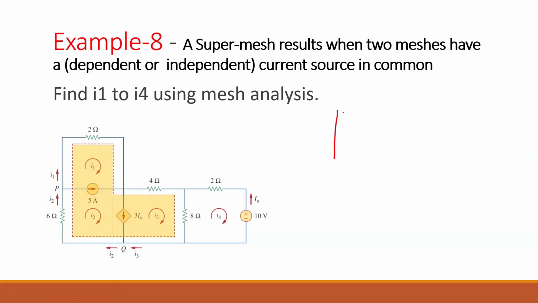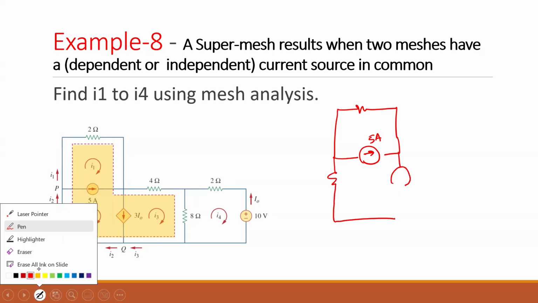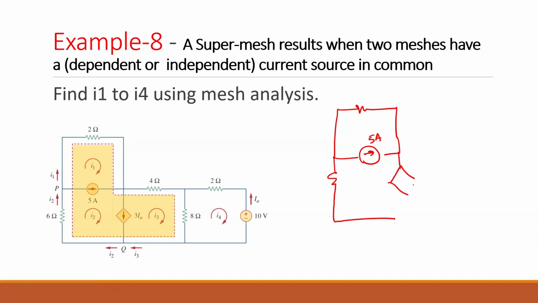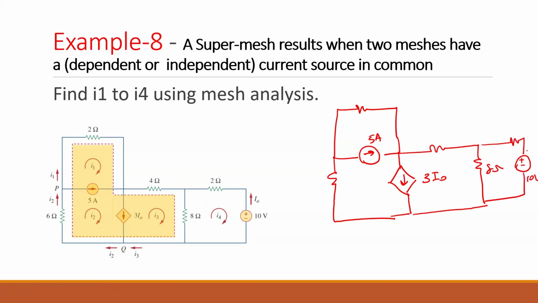If you have a circuit like this, I have 5 amps like this, and I have a resistor, and I have a dependent current source which is 2I naught, and I have a resistor here and 8 ohms, 10 volts.